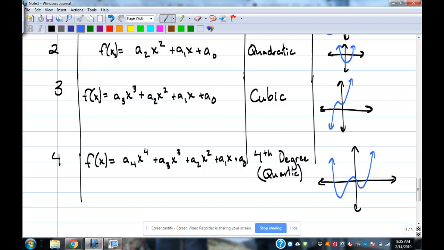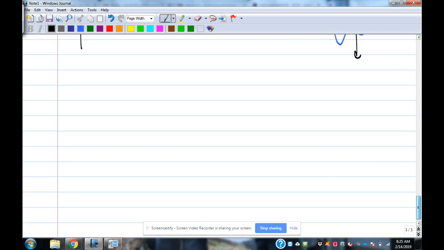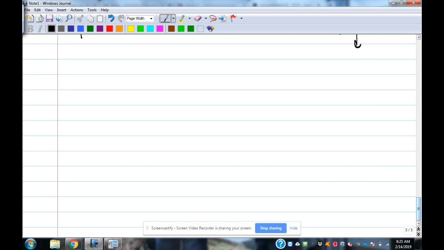All right, so let's look at just a simple graph of a polynomial using the graphing calculator.